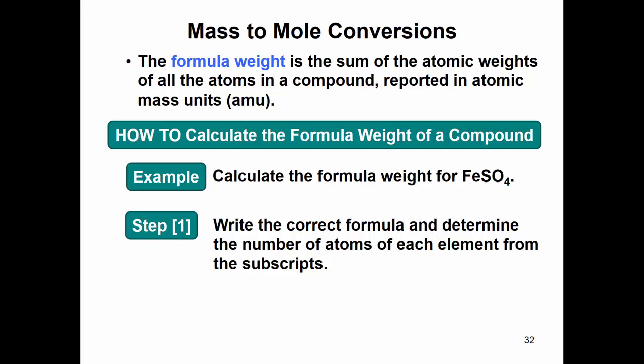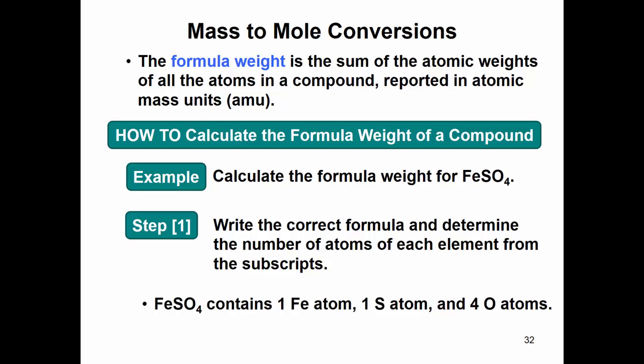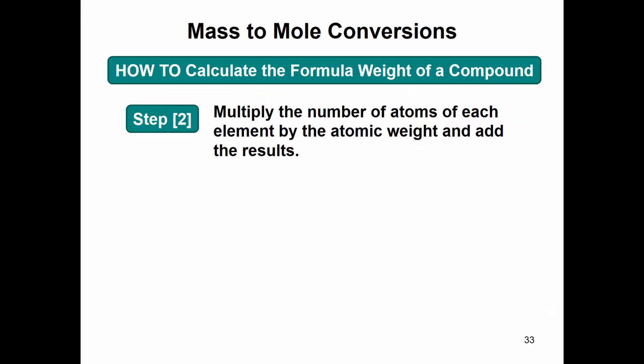So here we have iron sulfate, iron(III) sulfate. Looking at it, we have 1 iron, 1 sulfur, and 4 oxygen atoms. To calculate the formula weight, we take that 1 iron atom and use the periodic table; its atomic weight is 55.85, roughly, since some periodic tables go out another decimal place.